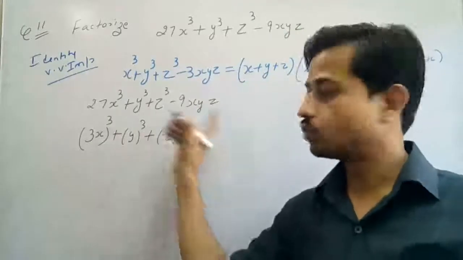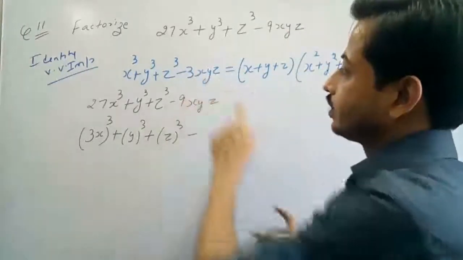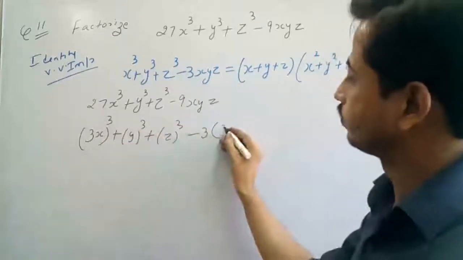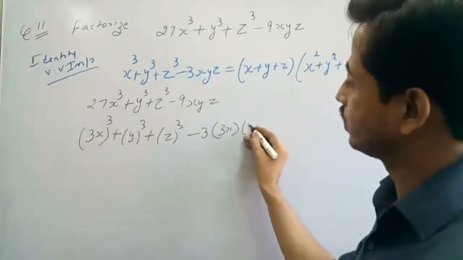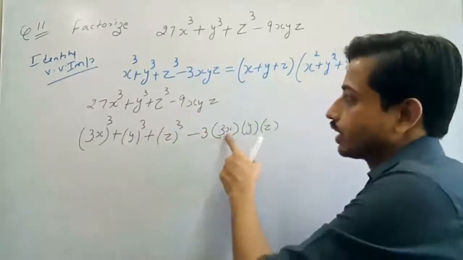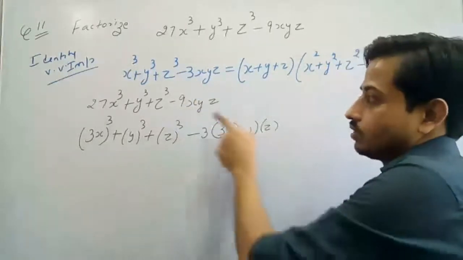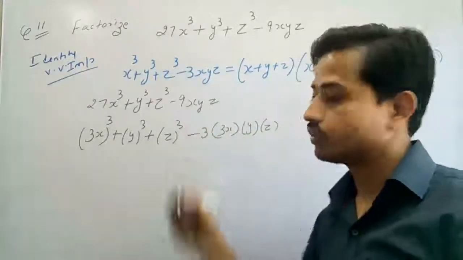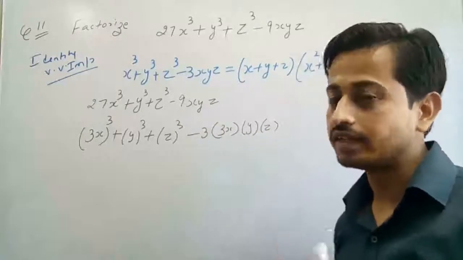After that you have to check the form and apply the identity. Minus 3 into x, x is 3x, y is y and z is z. Now multiply. 3 into 3 is 9, x into y into z we get 9xyz. It means our identity is correct or we are doing it in the correct way.